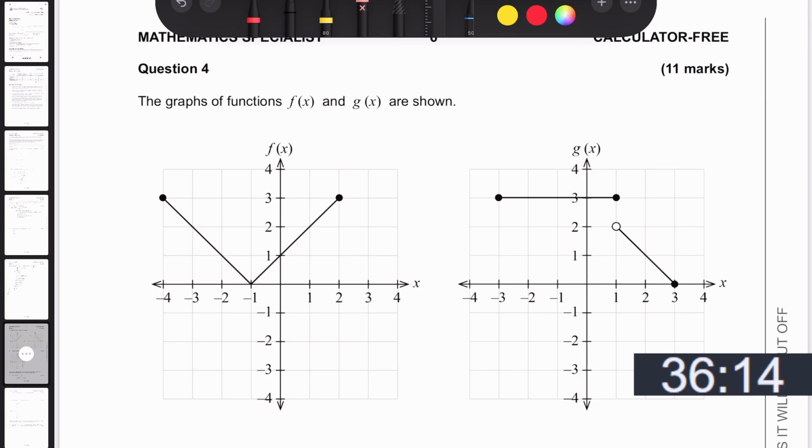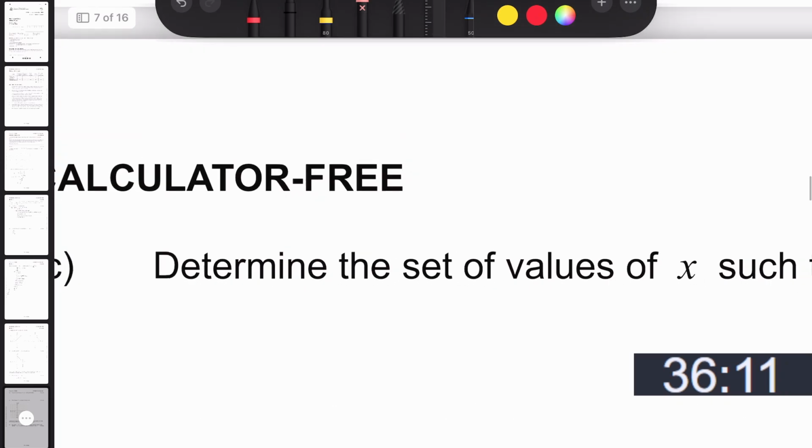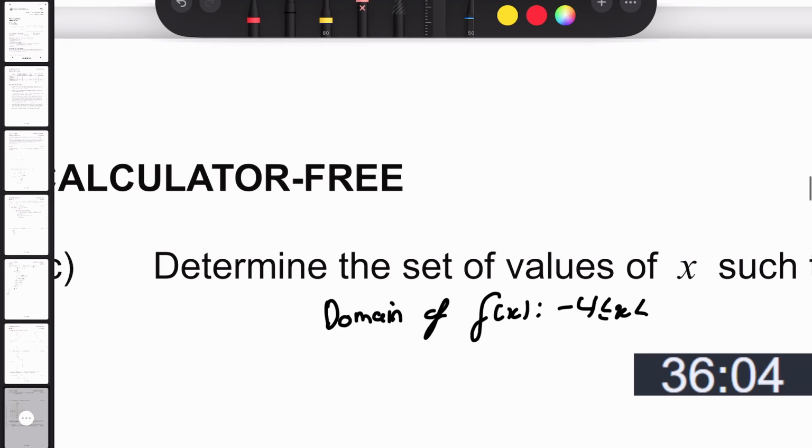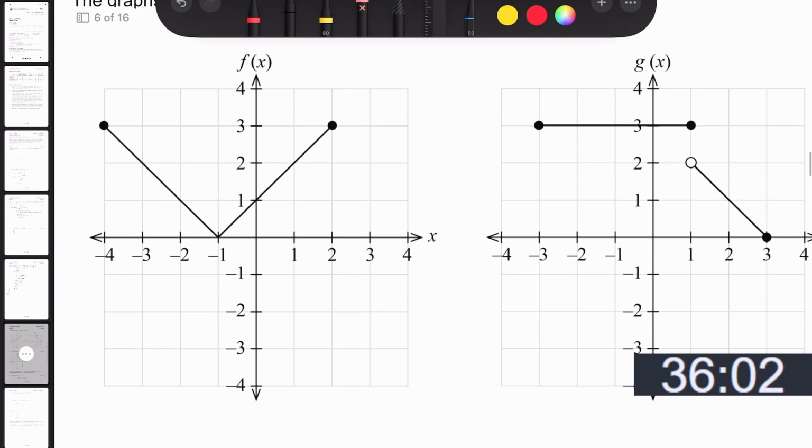So f of x is defined for, let's say, the domain of f of x is -4 less than or equal to x less than or equal to 2.